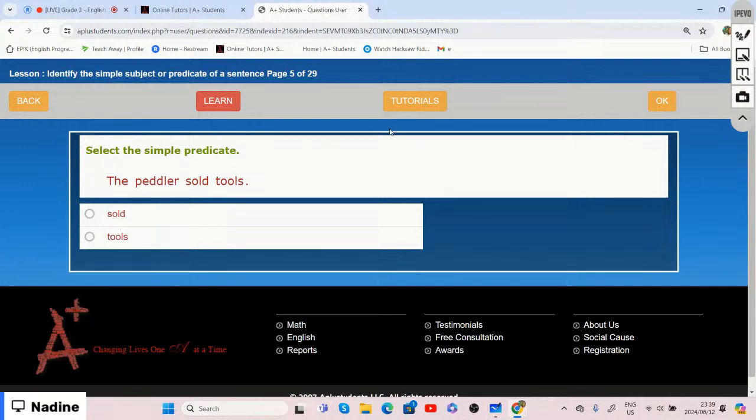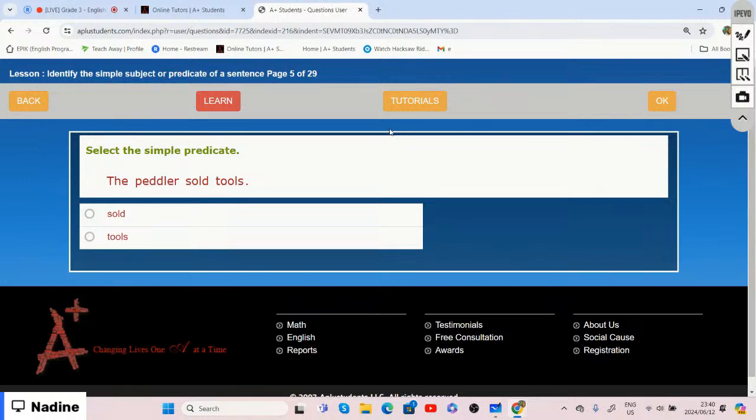So well done, guys. Dad is correct. All right, let's identify the predicate within that sentence. It says the peddler sold tools. What is our predicate within that sentence? The verb within that sentence. Is it sold or is it tools?